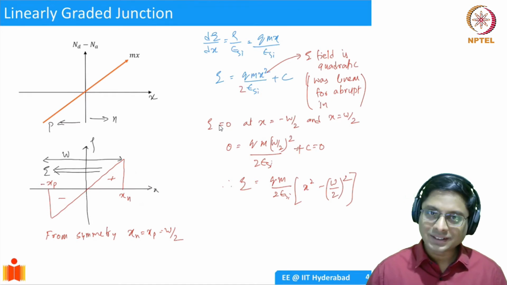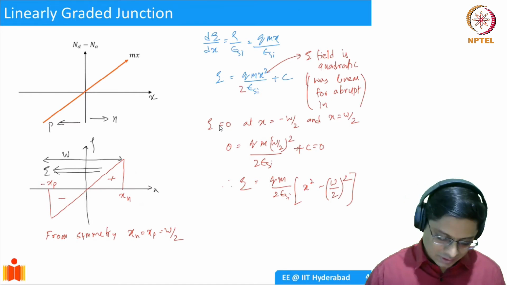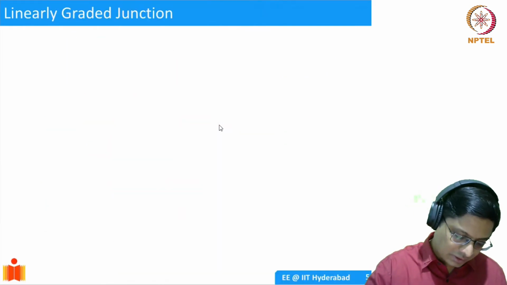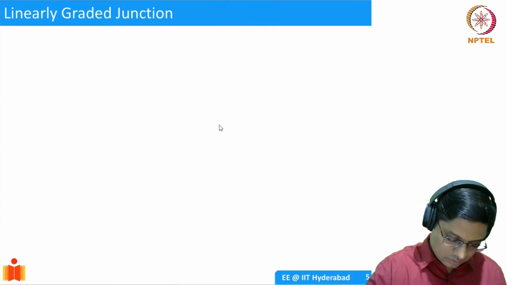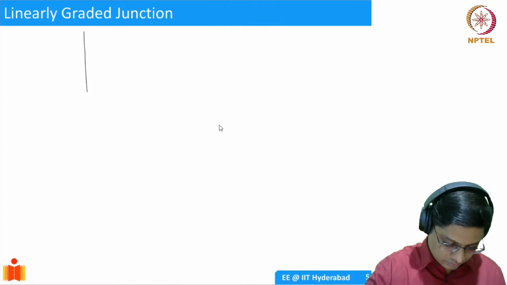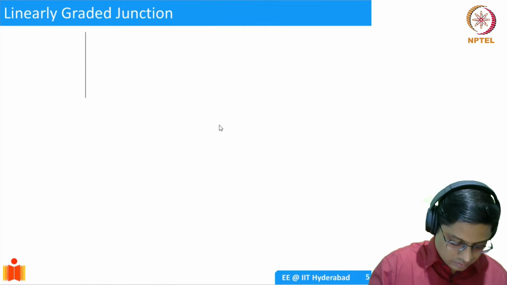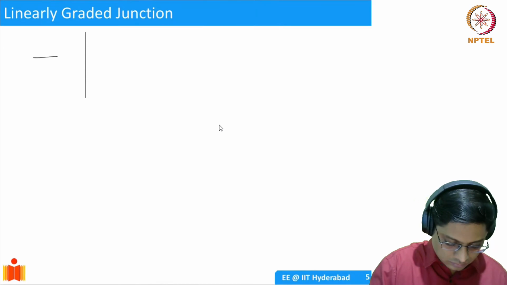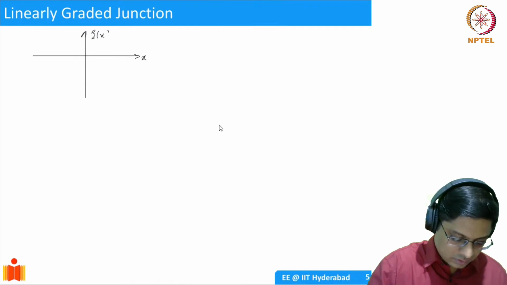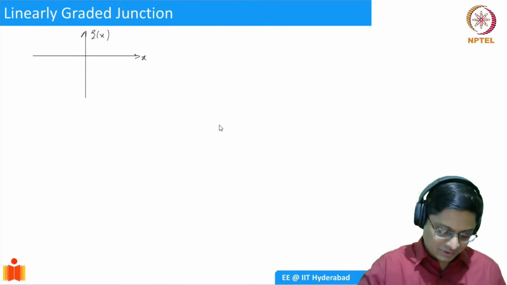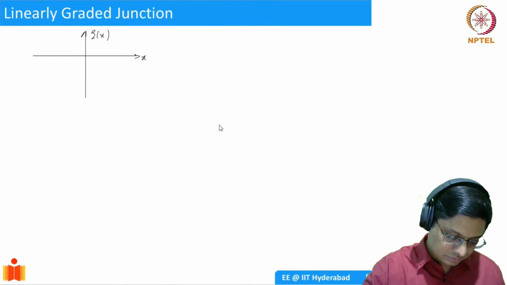So how does it look like? We can plot it and check it out. So let me do that. So this is x, this is E of x. Okay. And we saw that it was symmetric about x equal to 0.